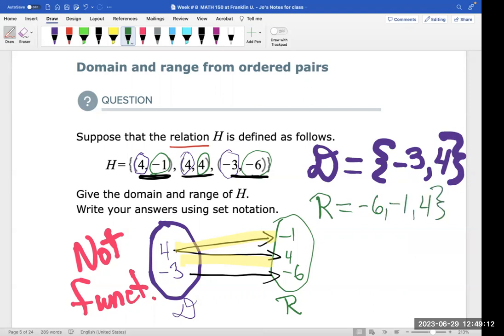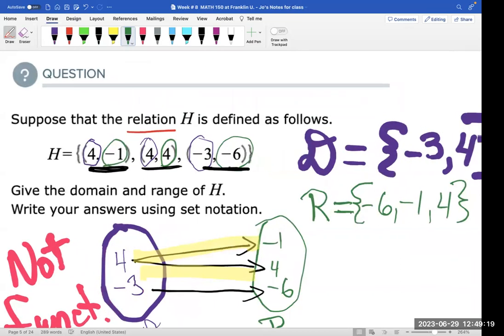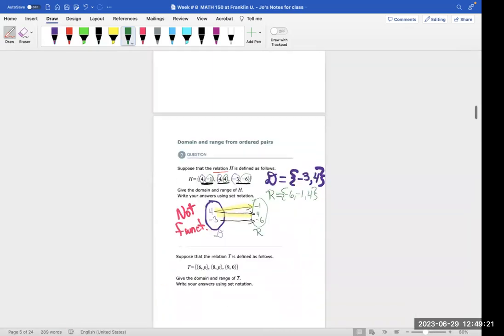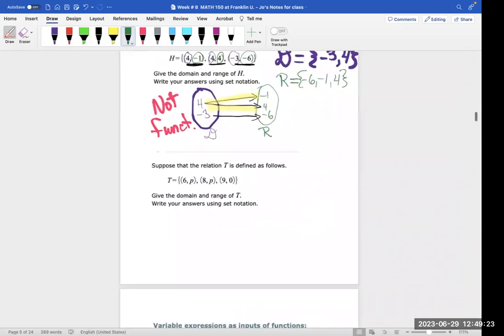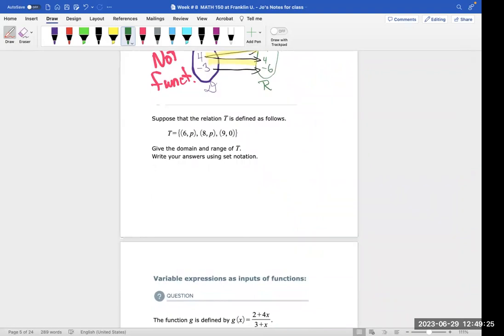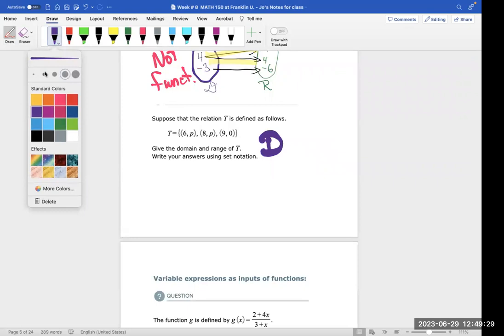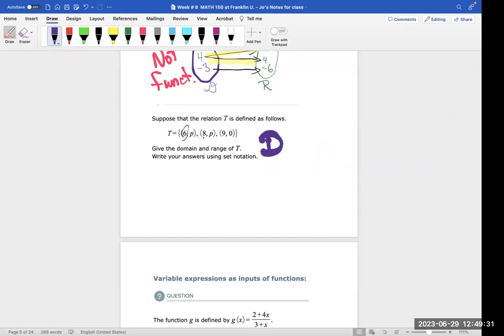Yes, we put these squiggly brackets because that tells the world this is a set. It's called set notation, like the set builder notation from weeks previous. Okay, again, the domain. The domain is all of the x coordinates. 6, 8, 9.